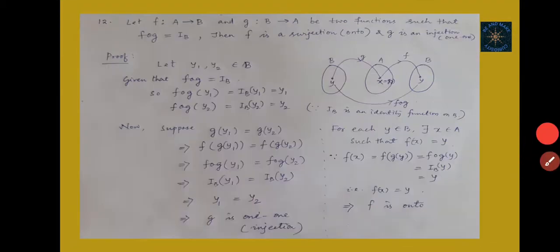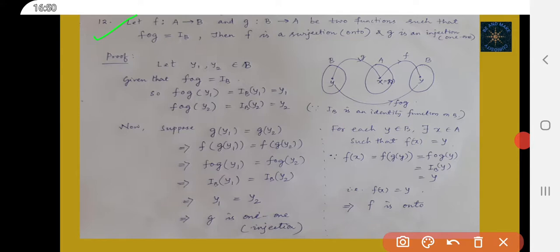Next, this property is the last one. So here you see, f is a function mapping from A to B, g is a function mapping from B to A, be two functions such that fog is equal to the identity function on set B. Then we have to prove f is a surjective function or onto, and g is an injective function, or you may say 1-1.